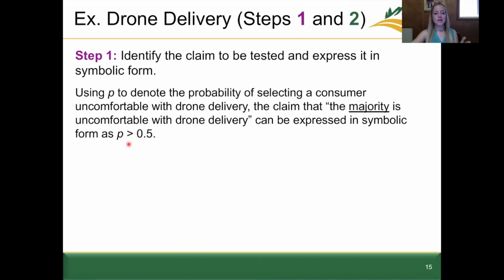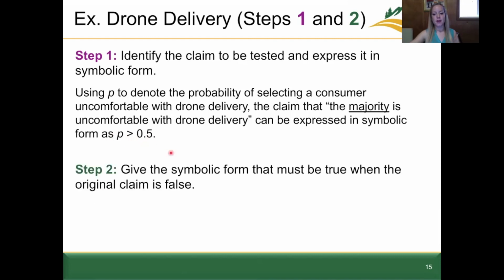Now let's try step 2. Give the symbolic form that must be true when the original claim is false. The original claim, again, is that the probability is greater than 0.5. Then what's the symbolic form that must be true when this claim is false? In other words, the probability is less than or equal to 0.5.